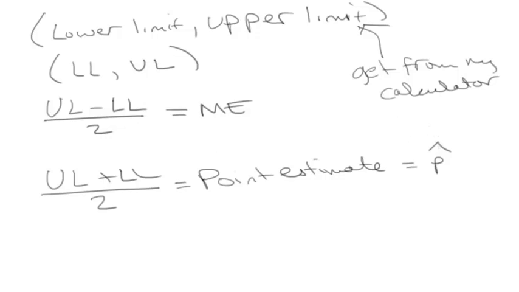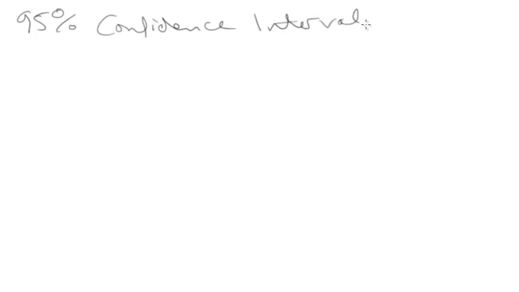Okay, one more thing I want to talk about, which is the conclusion, or how we're going to interpret a confidence interval. Suppose I have a 95% confidence interval that the true proportion is somewhere between these two values, A and B. How do I interpret that math statement into English?